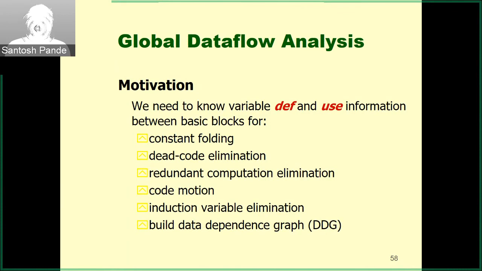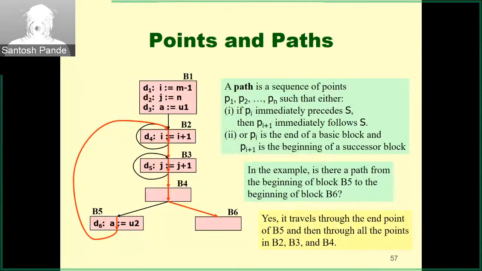We'll formalize these values which originate, like I is equal to something as a definition, and then whenever I is being used here, we'll term that a use, and we'll try to find out which definitions are reaching which uses. First we'll figure out the path. What this red thing is showing here is that there is a path from the beginning of B5 to B6.